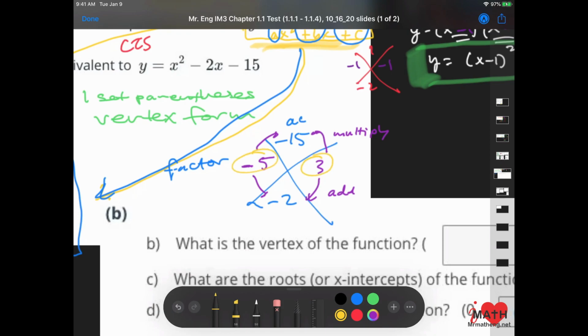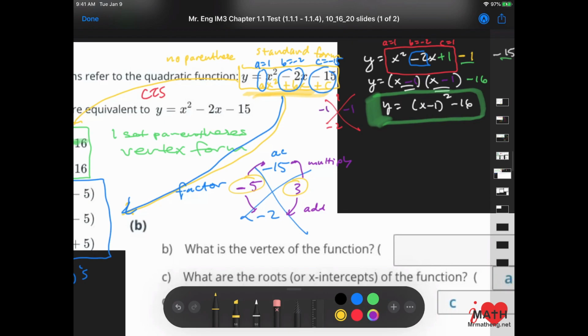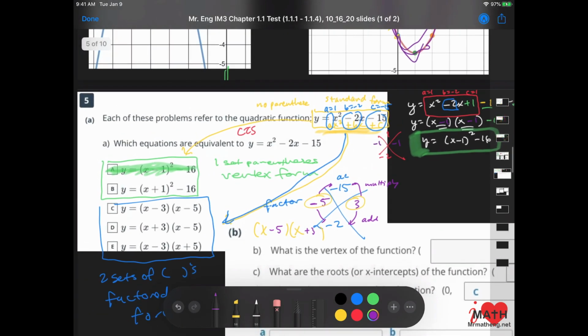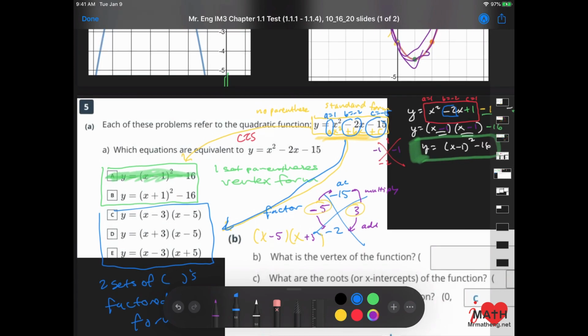When you factor x squared minus 2x minus 15, my answer is going to be x minus 5 times x plus 3. Okay, that's my answer. So that's going to be choice, which one is it? Negative 5 and a positive 3 is choice D. So the two answers, which equations are equivalent, are A and D.